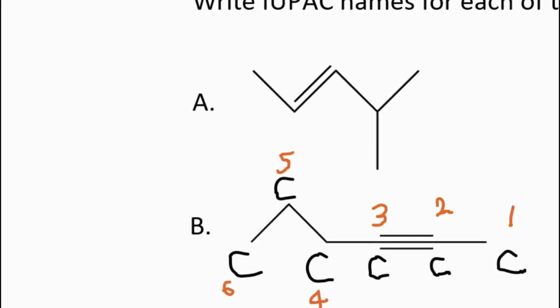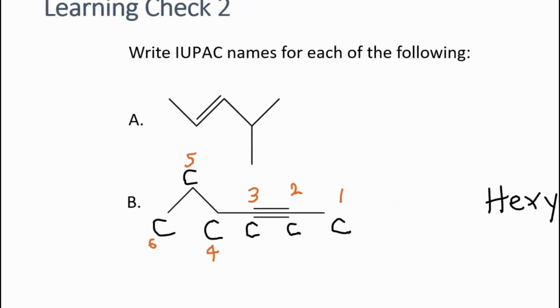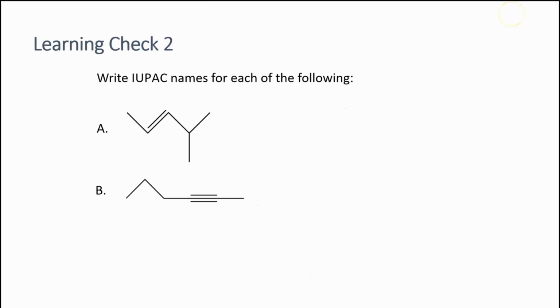Now, in this case, you get the lowest number possible for the carbon atom containing the triple bond if you start numbering from the right hand side, which is number 2. So the name will be 2-hexyne.